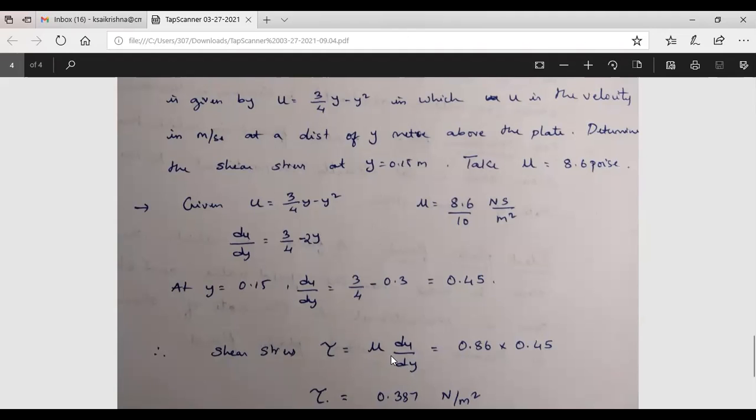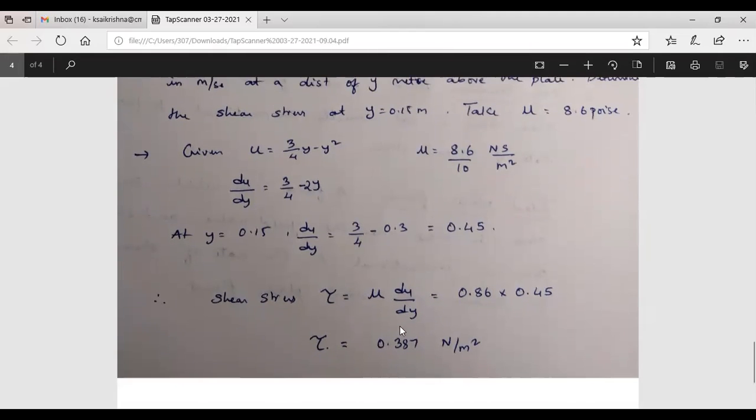So the mu value we already found out, 8.6 by 10 becomes 0.86, into du by dy value we already found out, that is 0.45. So 0.86 into 0.45. Multiply these two, and you will get your shear stress value. So shear stress equal to 0.387 Newton per meter square. The unit of stress is Newton per meter square.